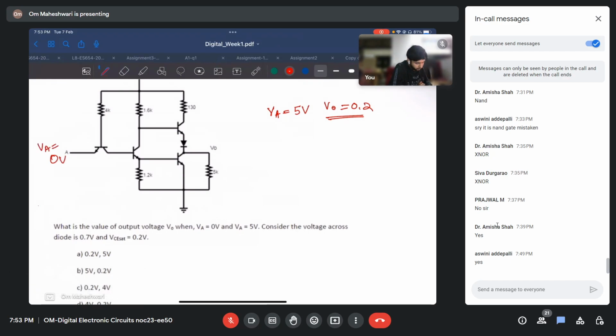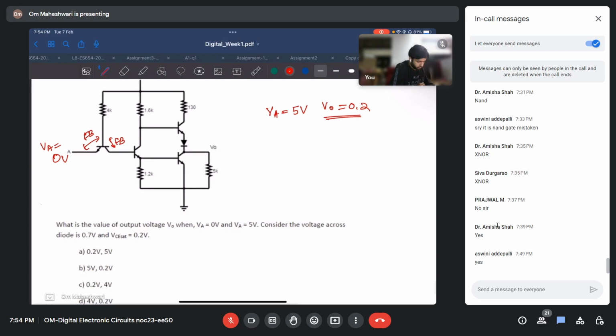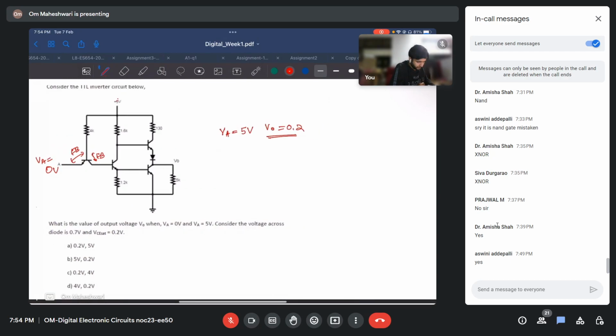When this is 0, this will be forward bias, and I think this will also be forward bias. This is forward bias. This will be forward bias also. This will not be forward bias.